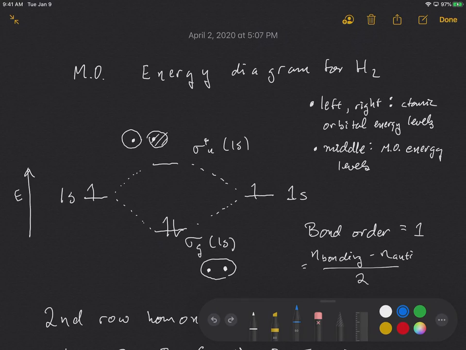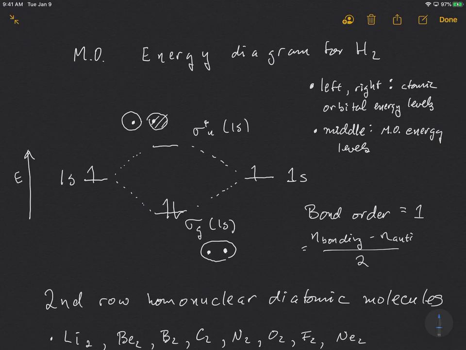The other thing that we like to do is label the molecular orbitals with the corresponding molecular orbital label, such as sigma g parentheses 1s or sigma star u parentheses 1s. We put the electrons in the orbitals, represented by the electrons sitting on the various line segments. Then the other thing that is often included in a more complete molecular orbital energy diagram is sketches of what the molecular orbitals look like.